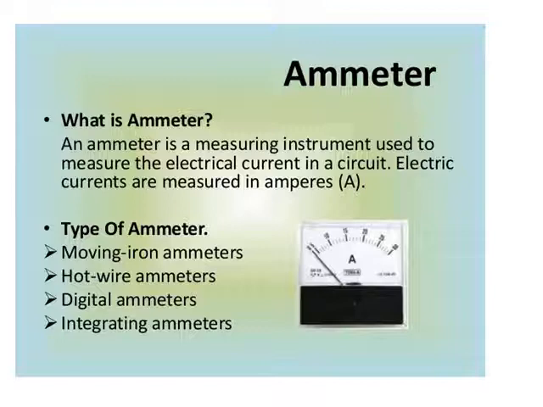Electric currents are measured in amperes. So the model of an ammeter is shown in the diagram here. And what are the types of ammeter we have? We have moving iron ammeters, hot wire ammeters, digital ammeters, integrating ammeters.